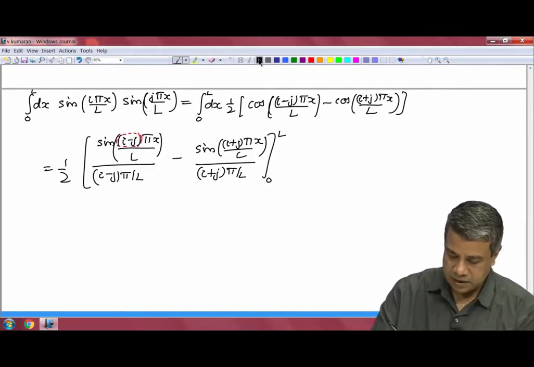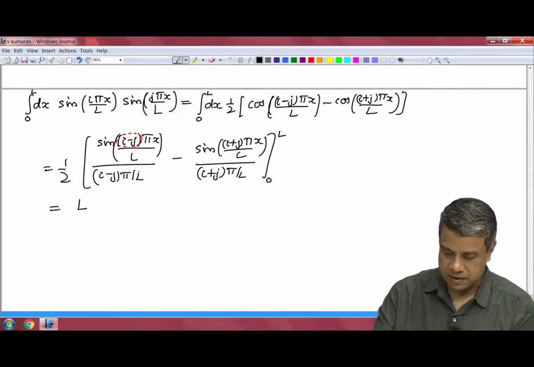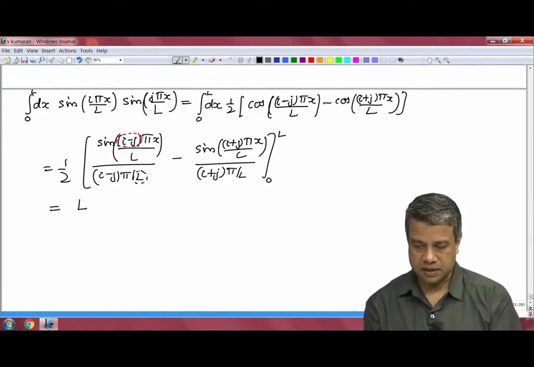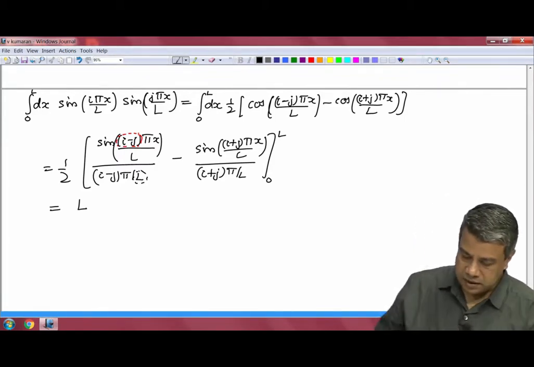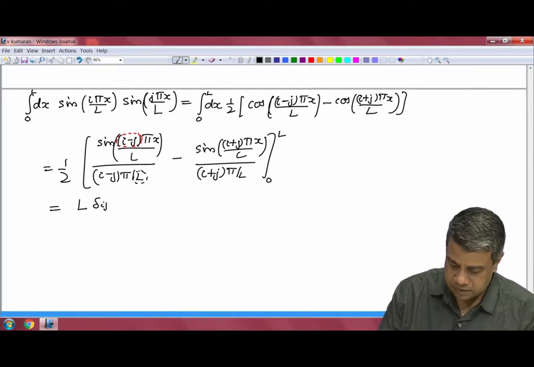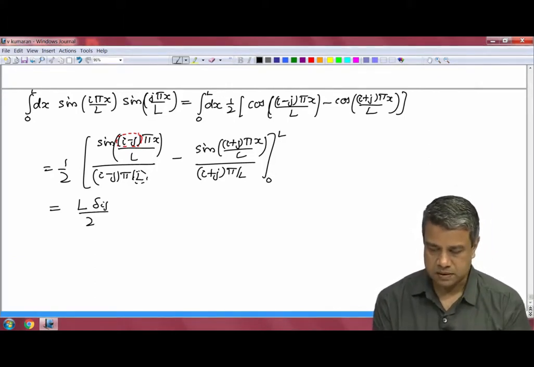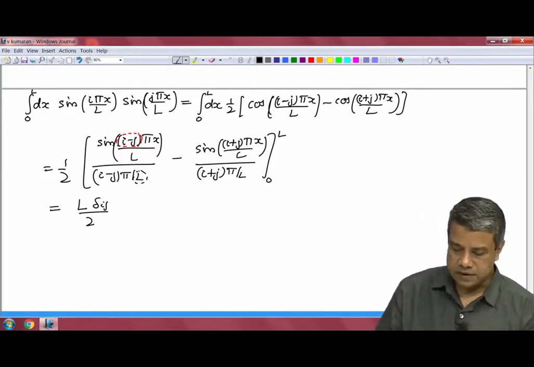And I will get L from this term here, into delta ij by 2. So, L into delta ij by 2 is what I would get. This is non-zero only if i is equal to j.